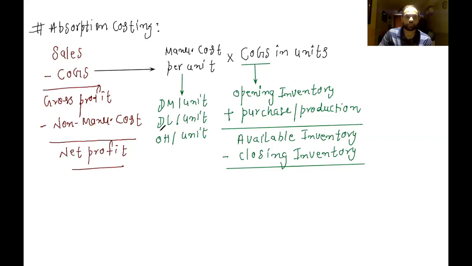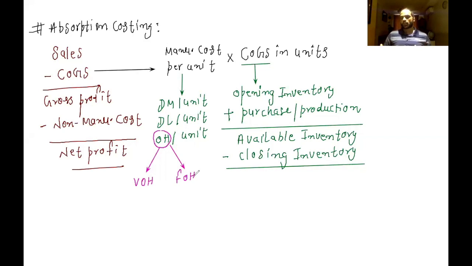And please note that this overhead cost is a combination of two types of cost. Which two types of cost? Variable overhead cost and fixed overhead cost, right? Variable overhead and fixed overhead.